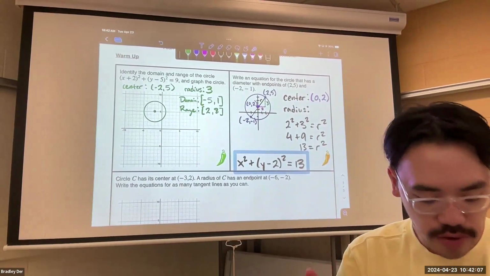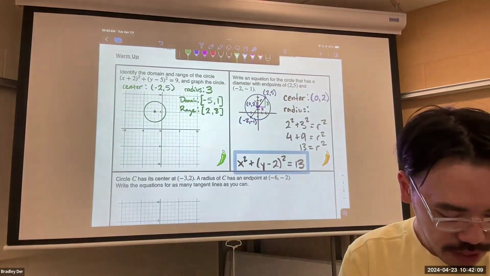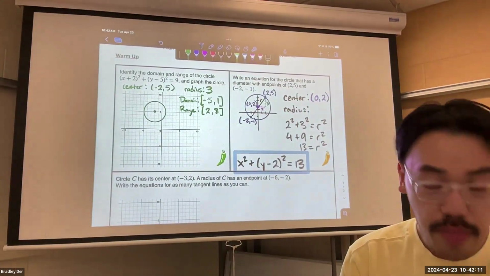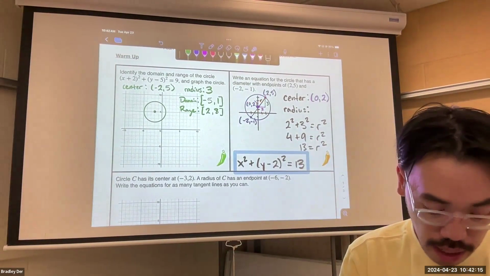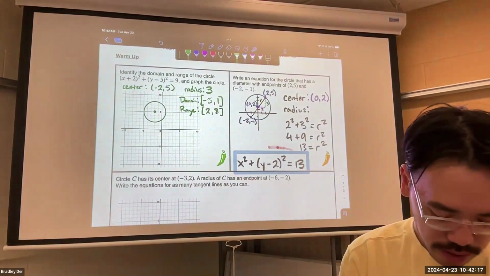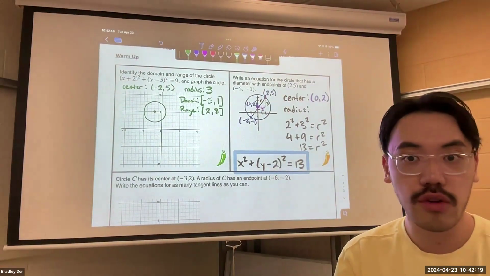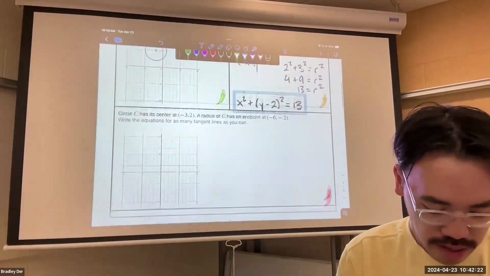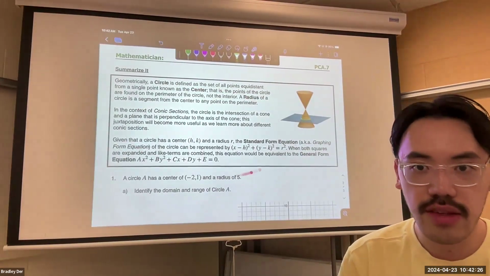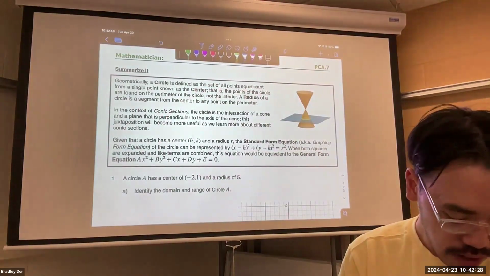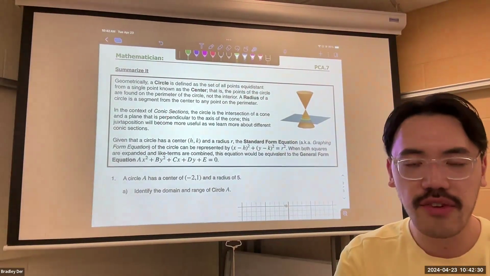Right, so there's a lot of geometry that was baked into that first page. We did some midpoint stuff, we did some distance stuff, and most crucially, we talked about the representations of circles, both as graphs and as equations. In case that particular part was rusty, you can refer to this section down here. I don't have to get into the definition of a circle.